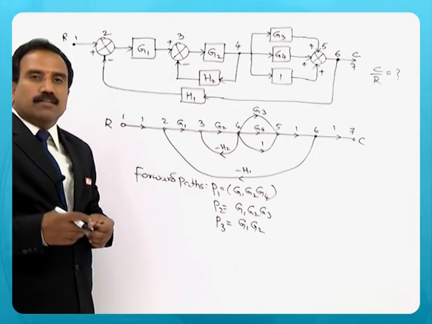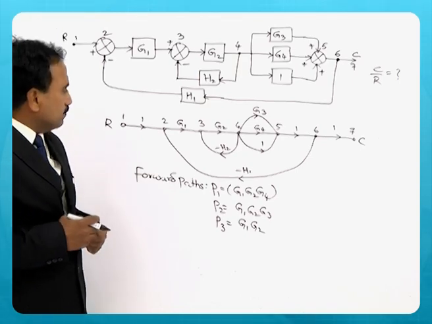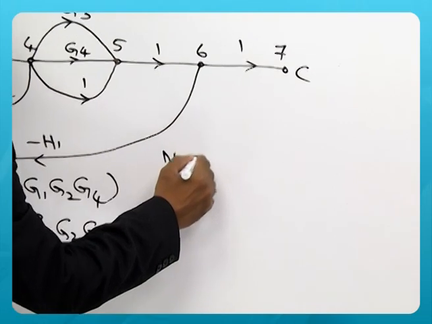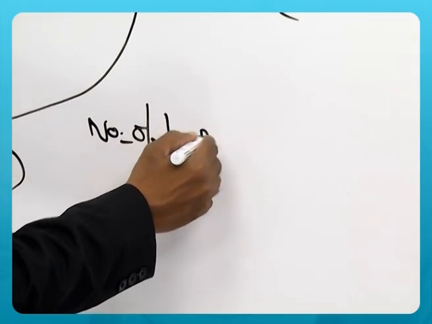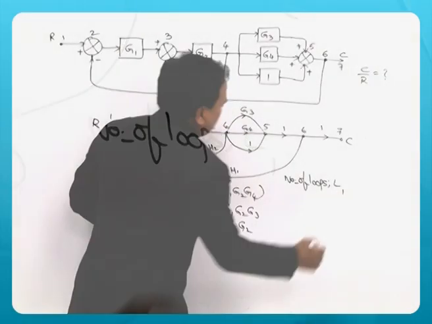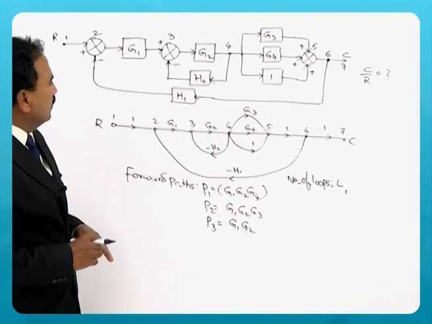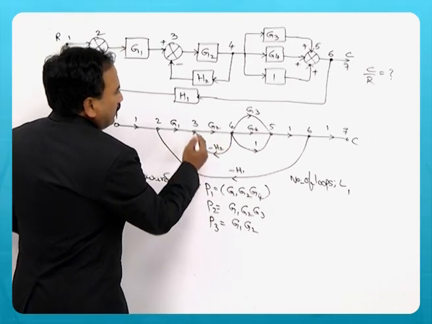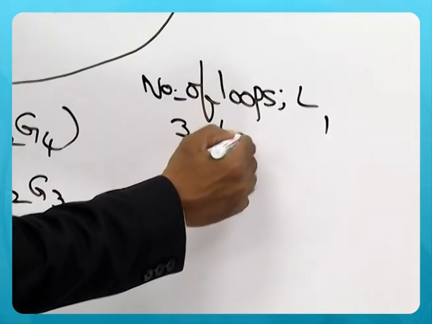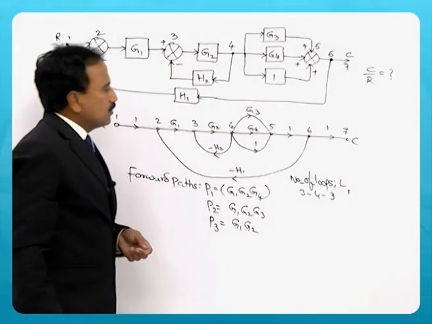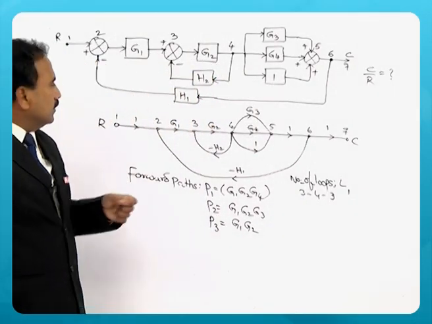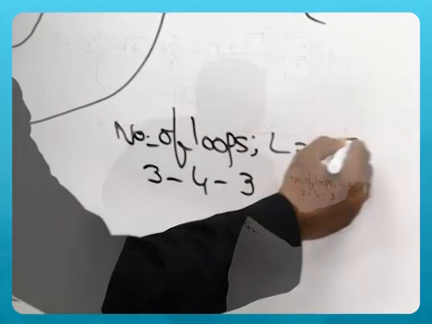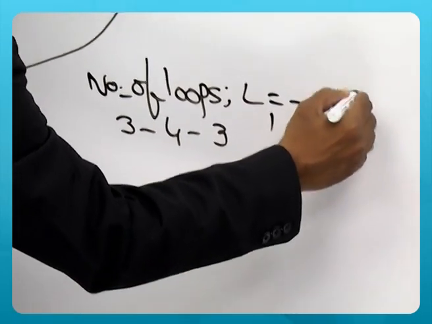Now let us identify how many loops exist, and the respective gains. You can see that 3, 4, 3 is one loop path, and the gain of that particular loop is minus G2 H2.